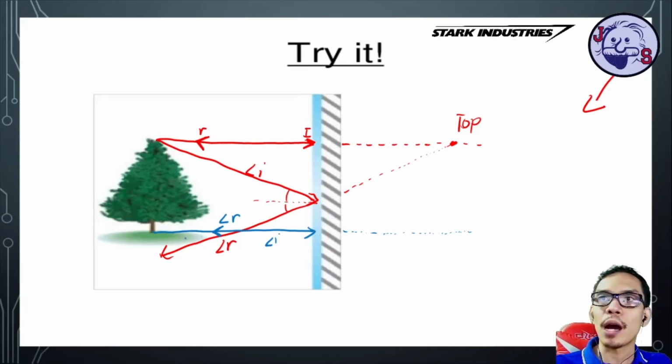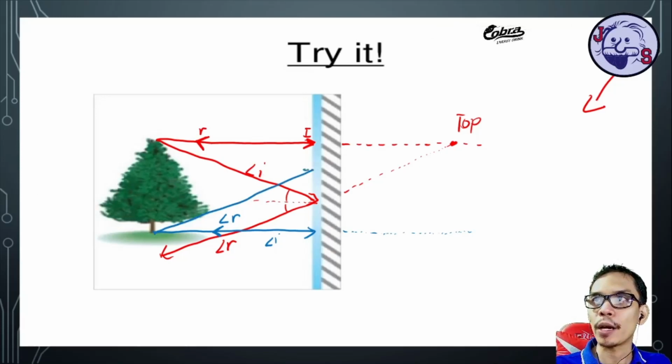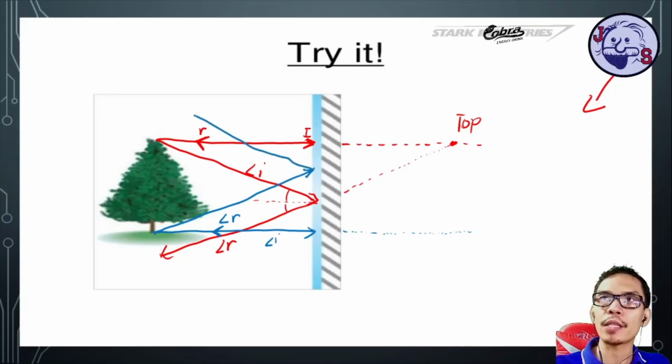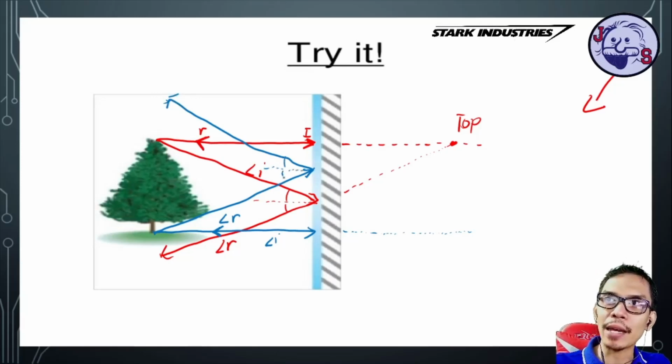Alright, next one. Let's draw a diagonal line over here. It goes right there, so that is the incident. Since I don't have a protractor, let's assume that the reflected line goes somewhere here. Again, this is the normal line and this is the angle.